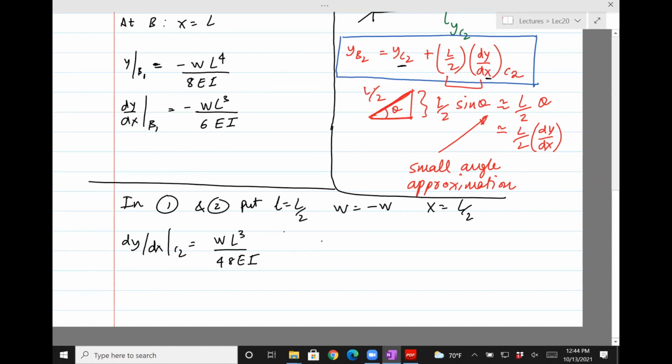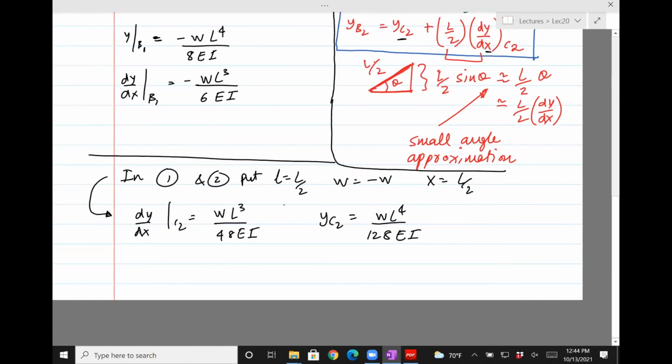And we have y at C2 equals WL raised to 4 divided by 128 ER. This comes from these substitutions, and I just solved for slopes and deflection at C2. Note the sign is positive because it's going to go upwards.